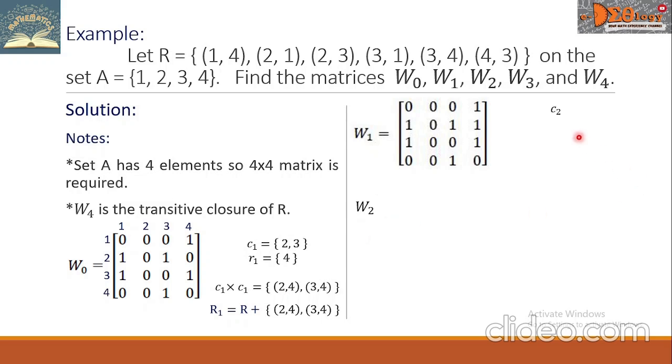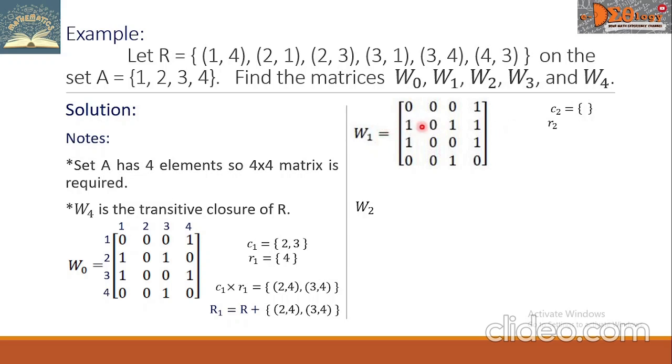Let us now consider the C sub 2, meaning the elements of column 2. In doing this, we're going to consider the W sub 1 matrix. So this is the column 2. We can see that all the elements are zeros, meaning C sub 2 is an empty set. Let us consider the R sub 2. For this R sub 2, this is row 2.